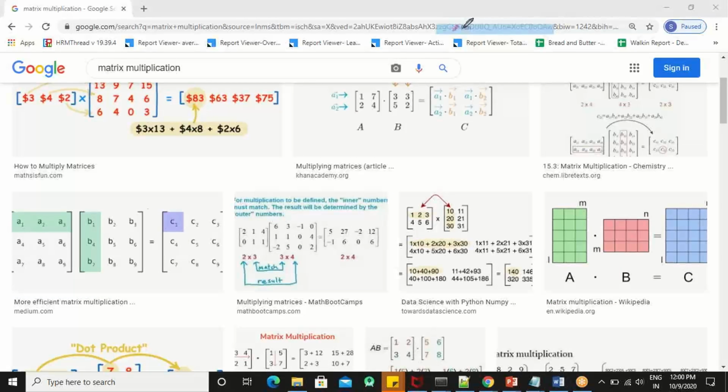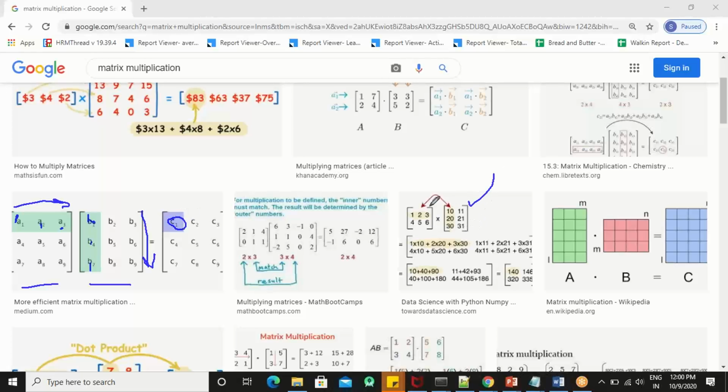So let's see. If this is one matrix and this is another matrix, you go in this direction for this matrix and in this direction for the other. That means this value multiplied by this value, plus this multiplied by this, plus this multiplied by this gives you C1.